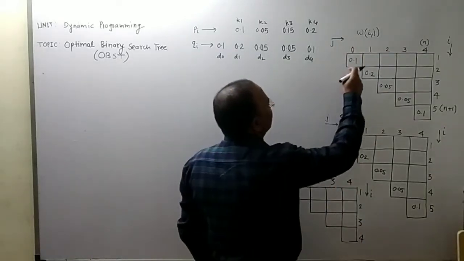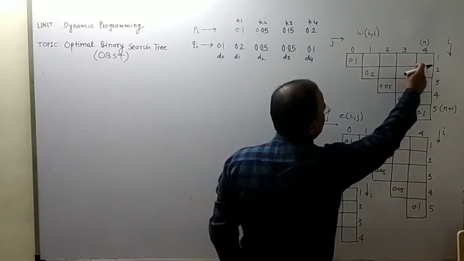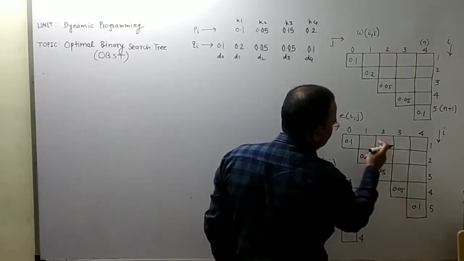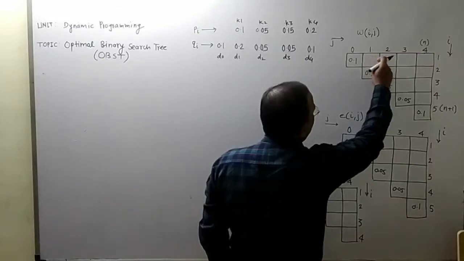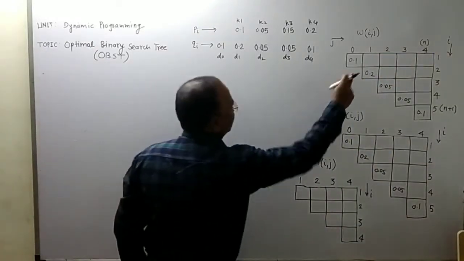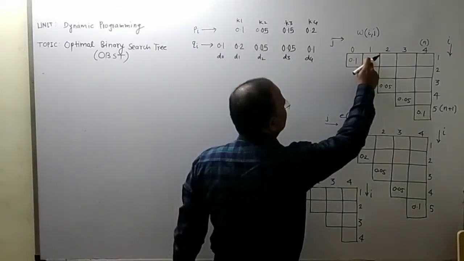Let us see how to fill up W tables. Now here we have to fill up the W table row wise and the E table diagonal wise. First we will fill up the W table row wise. First try to get the value for this cell.